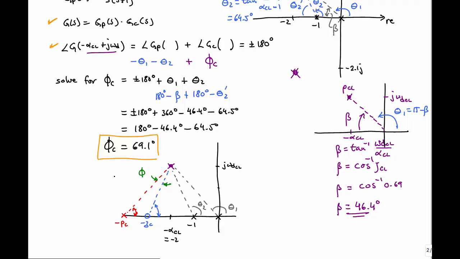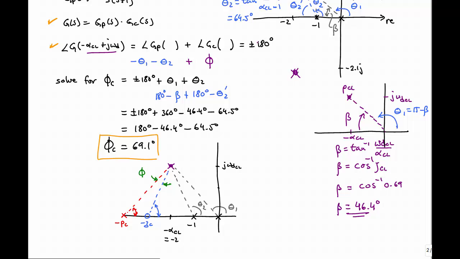So we've determined that the amount of phase that needs to be contributed by the compensator at the desired closed loop pole locations of -2 ± j2.1 is 69.1 degrees. And I've called this phi of C, C for compensator. But now I regret having done that.